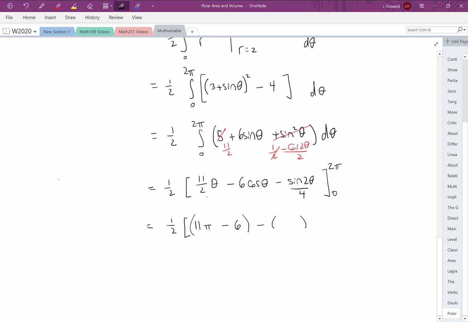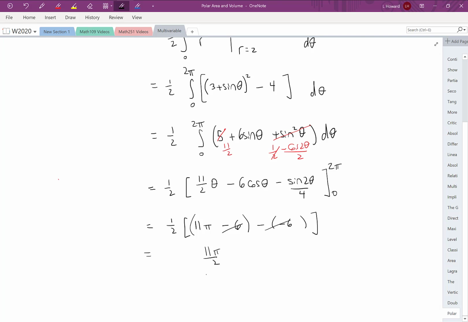So we get 0, we get a minus 6 coming from the middle term, and then we get another 0 coming from the sine term. So that minus 6 and the plus 6 just cancel, and the final answer is 11 pi over 2. So that is the area inside our region.